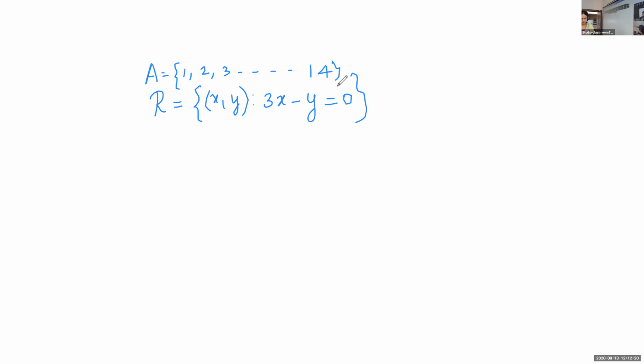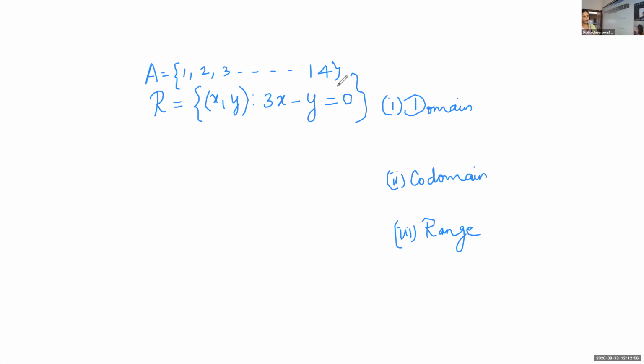Write down its domain, codomain and range.